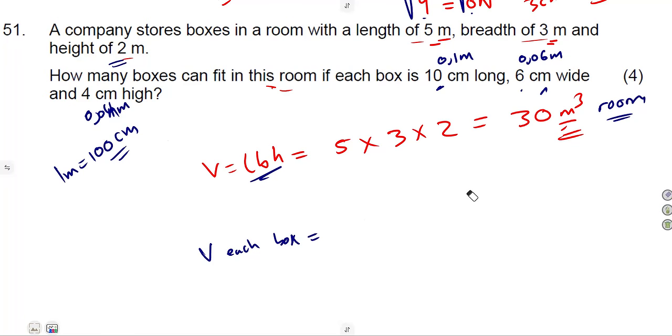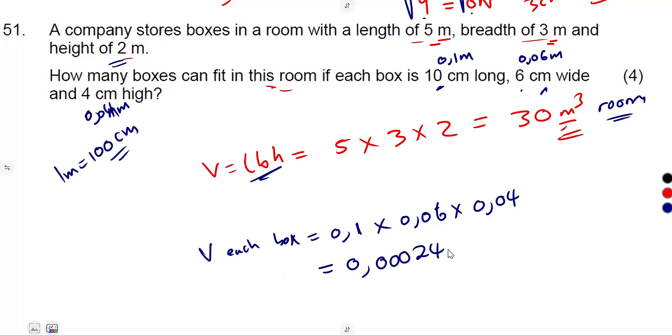We already wrote it there. So 0.1 meters times 0.06 meters times 0.04 meters. It was going to give us the volume of each box, 0.00024 cubic meters. That's the volume of each box.